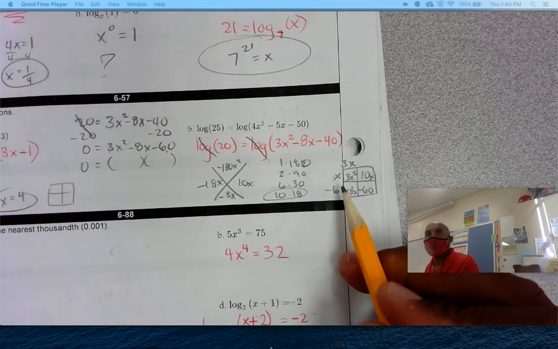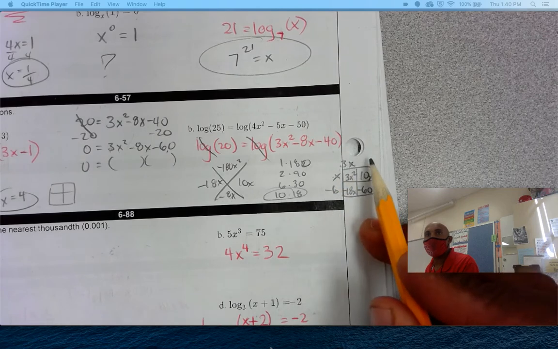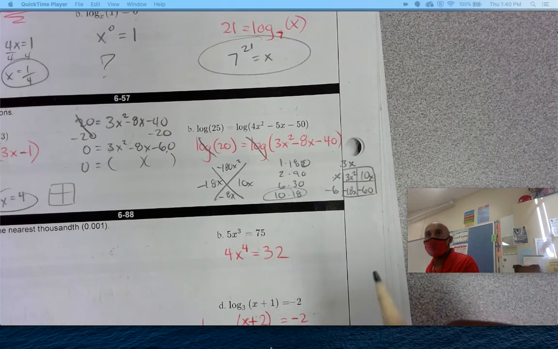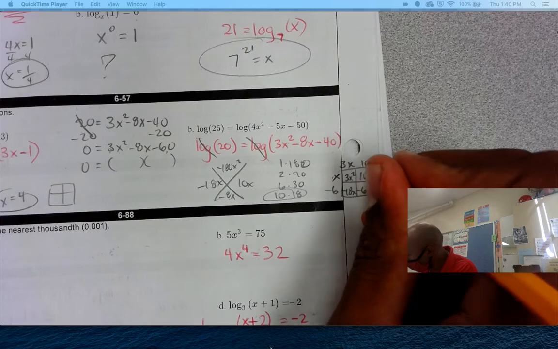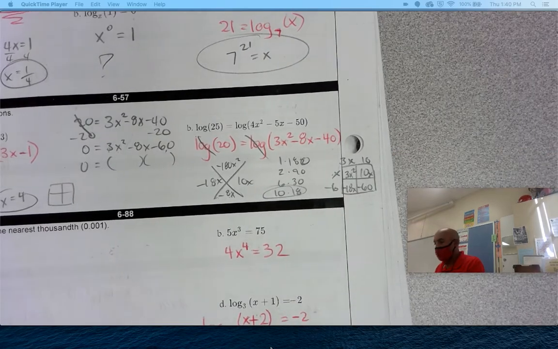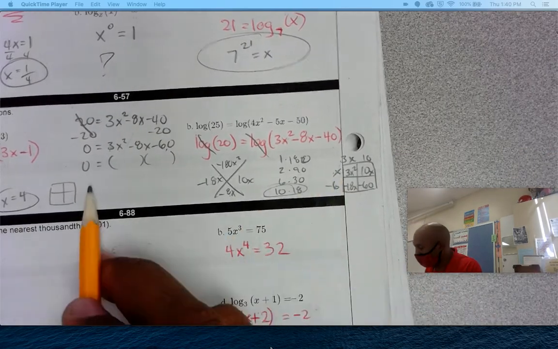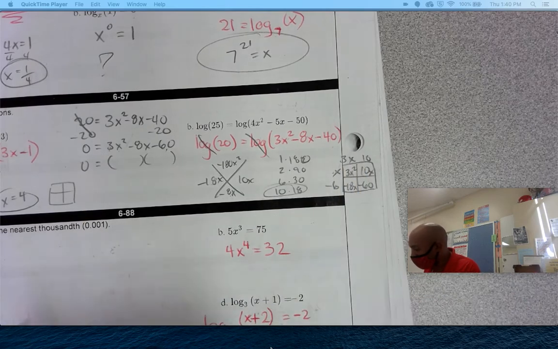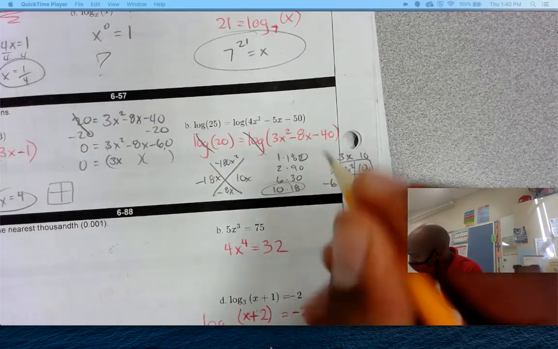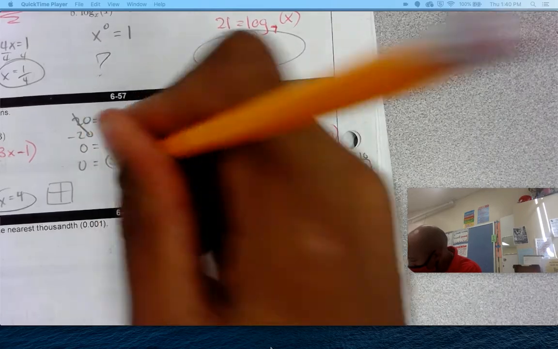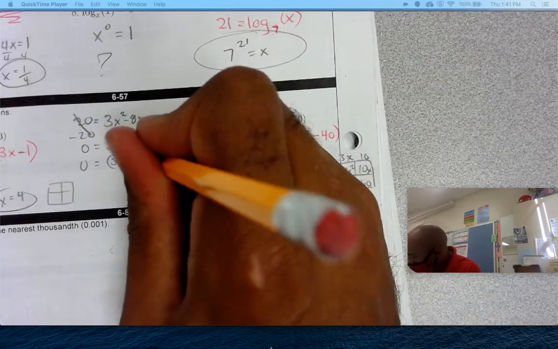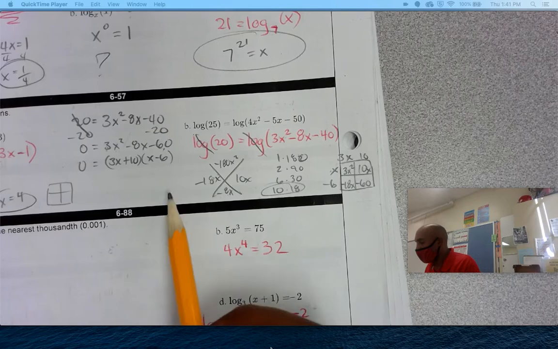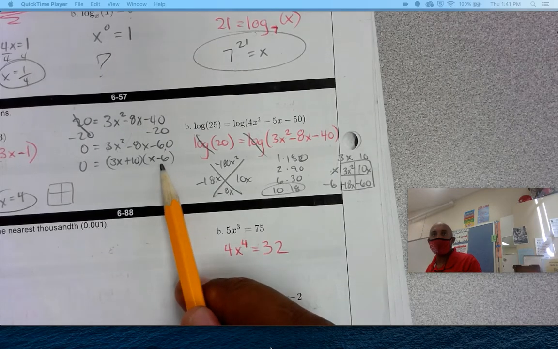Okay. And then how about up here? x times what will give me 10? That'll be just 10. So now, let's bring this over here. So now I have 3x plus 10 and x minus 6. Okay, so now the x minus 6 is the easy one.